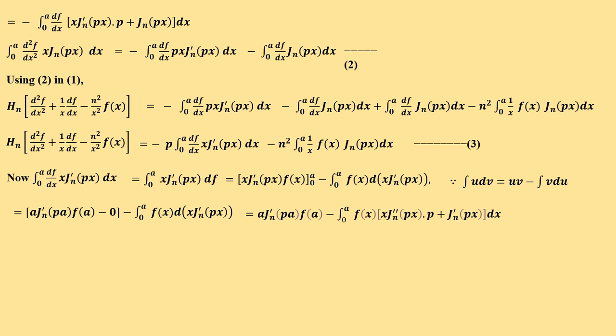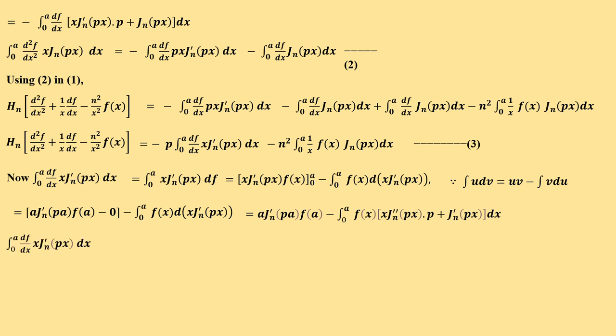So remaining you are having a Jn dash of pa f of a minus integral 0 to a f of x into the derivative. So applying the u dv plus v du formula, here u is x, v is Jn dash of px. So u dv: keeping x, the derivative of Jn dash of px is Jn double dash of px and derivative of px is p, plus Jn dash of px and derivative of x, that is 1 into dx, that is dx, right?